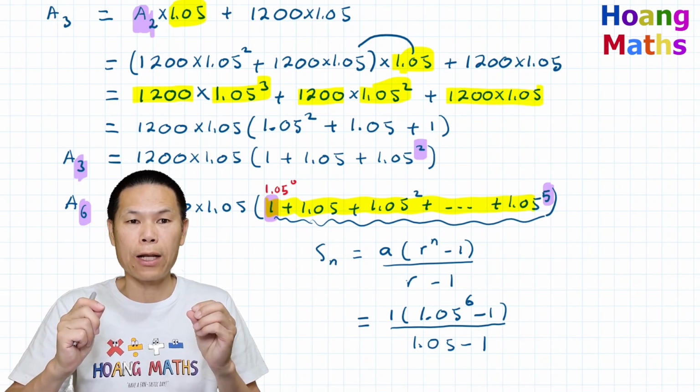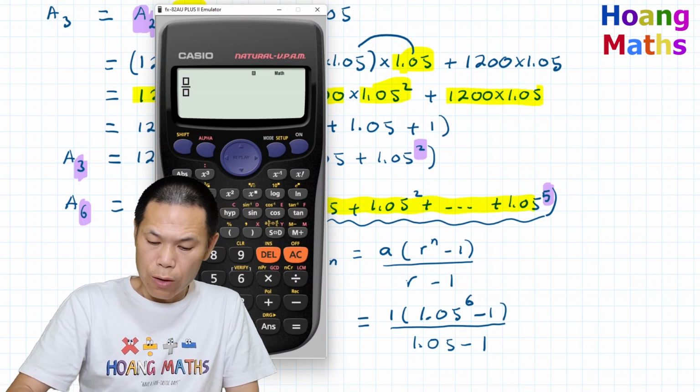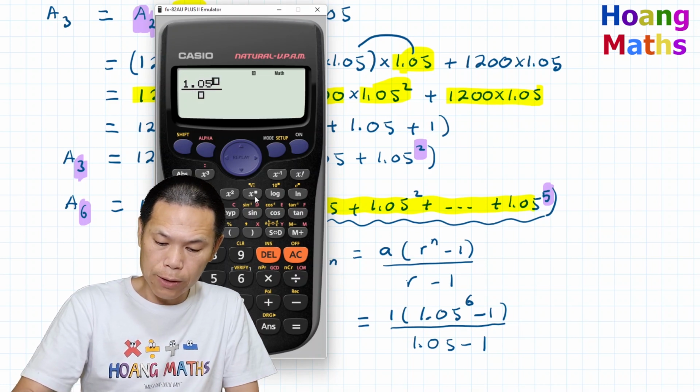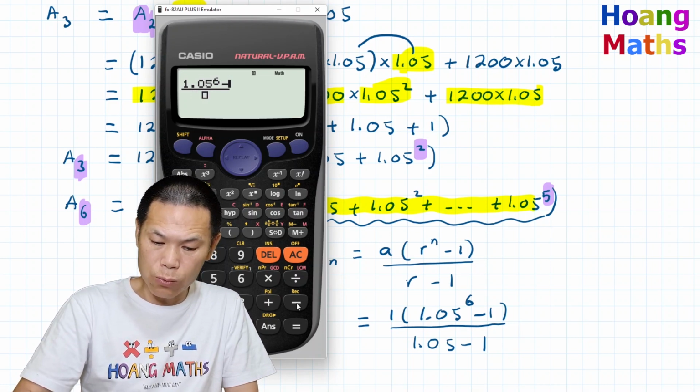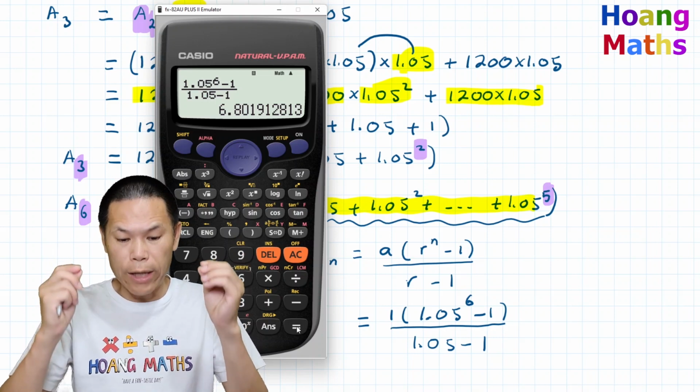I just put that on a calculator. So 1.05 power of 6, and then we minus 1, and then divide by 1.05 minus 1. So there you go, 6.0819 and so on.